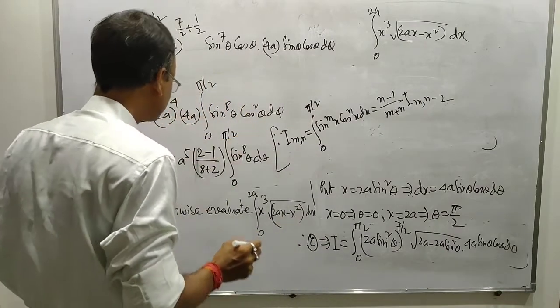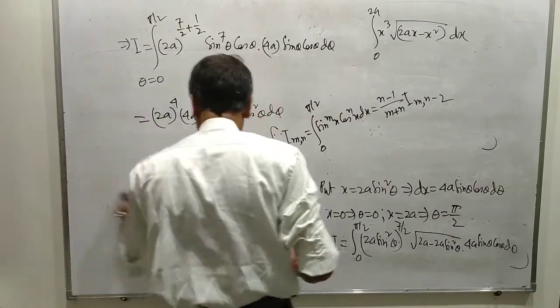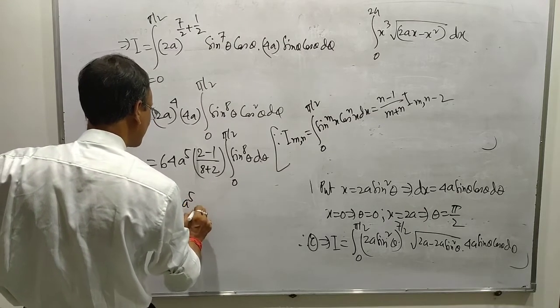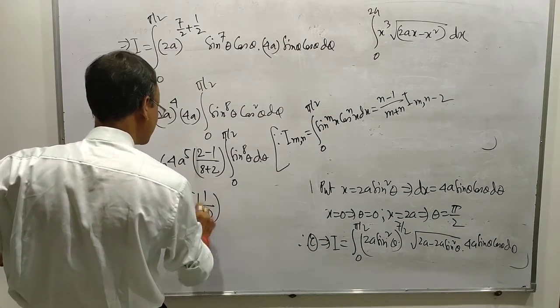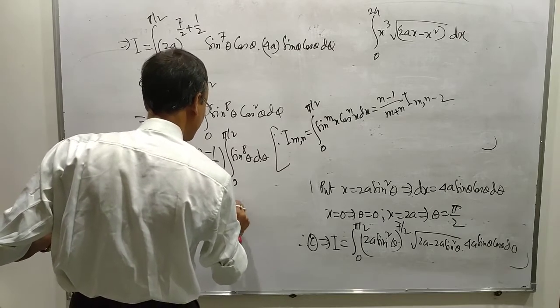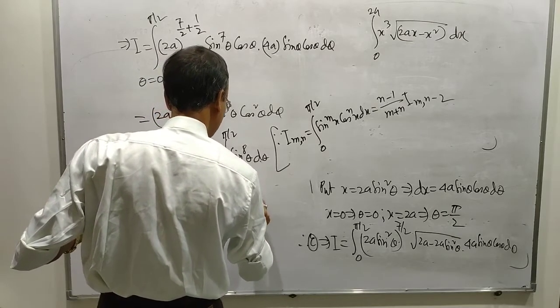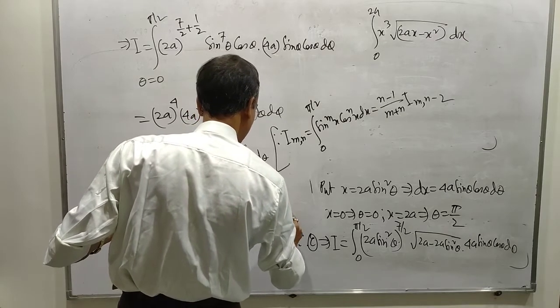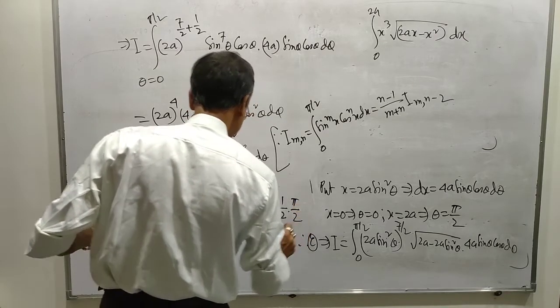N minus 2 will be cos theta whole to the power 0, will be equal to 0. This is equal to 64 a to the power 5 times 1 by 10, it will be 7 by 8, 5 by 6, 3 by 4, 1 by 2, pi by 2.